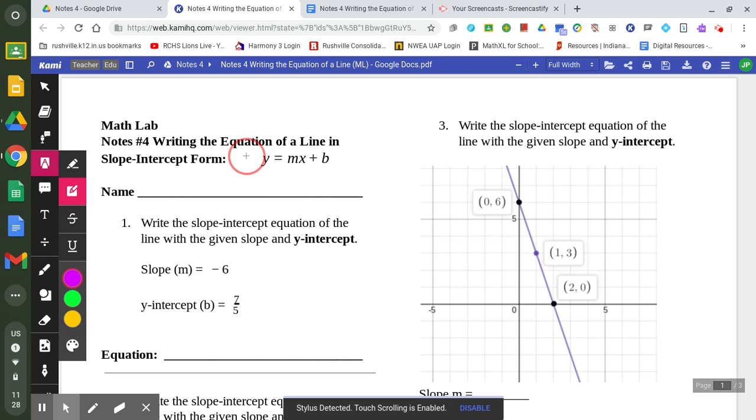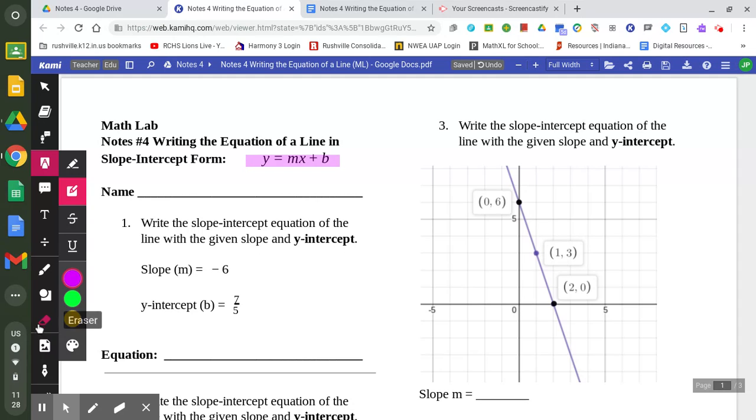And this is our slope-intercept form, y equals mx plus b. So on most of these equations, we need to make sure that our final answer is in that y equals mx plus b format.